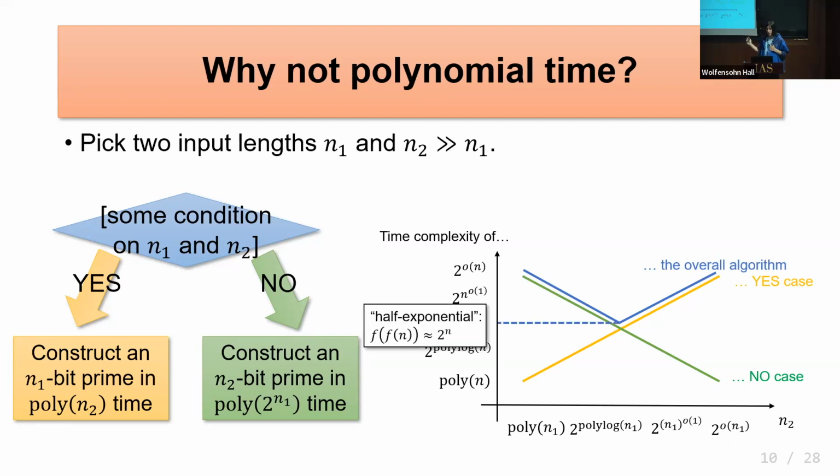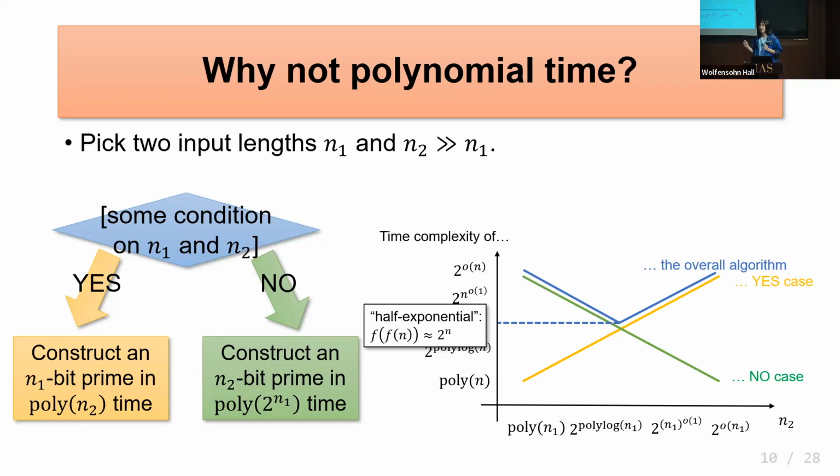Turns out that if you set N2 to be something called half exponential in N1, then the overall algorithm will run in half exponential time. A function f is half exponential if after you compose itself with itself, it becomes exponential. So I think there are no elementary description of such half exponential functions.